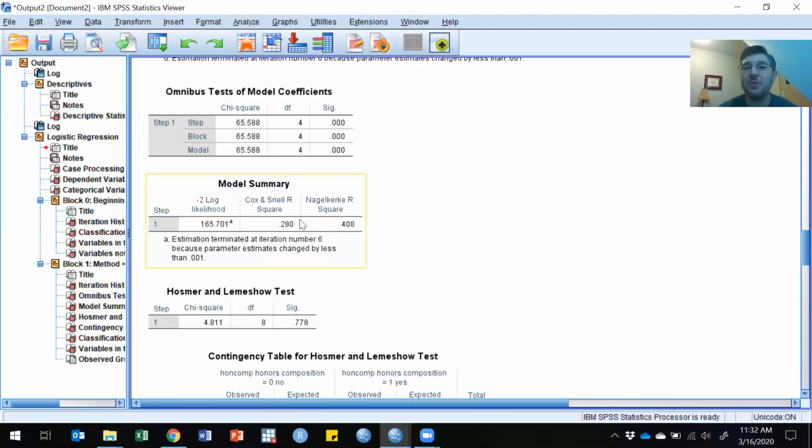And so the second one makes an adjustment to Cox and Snell, but then it's been shown to be an overestimate of what the variance explained might be. So a lot of times I just report both of them in an analysis because they're trying to give you an estimate of what that variance explained might be.